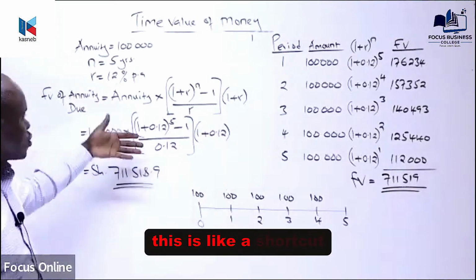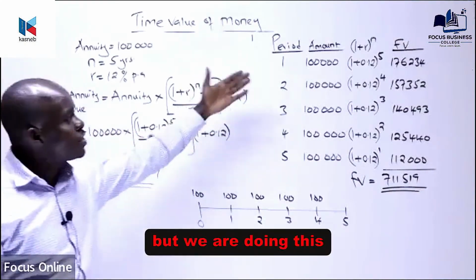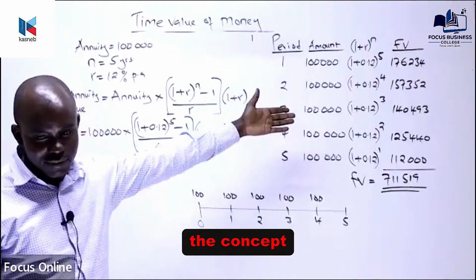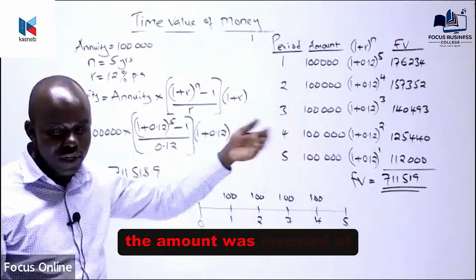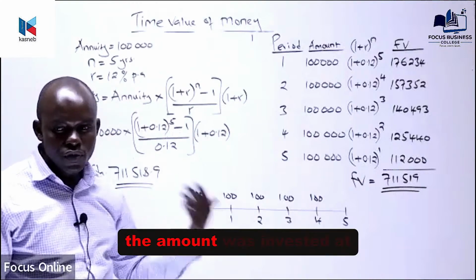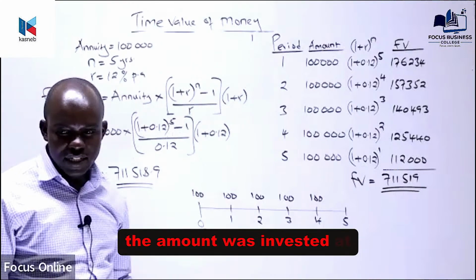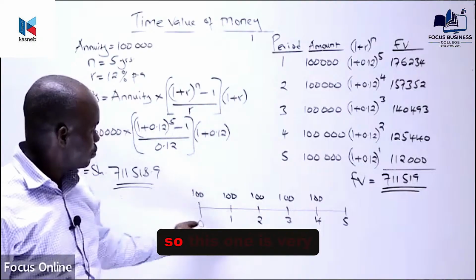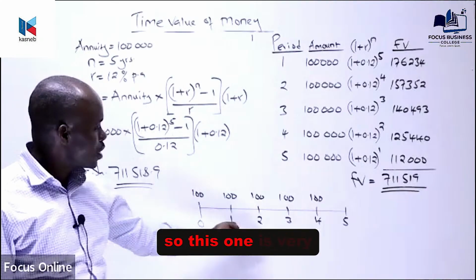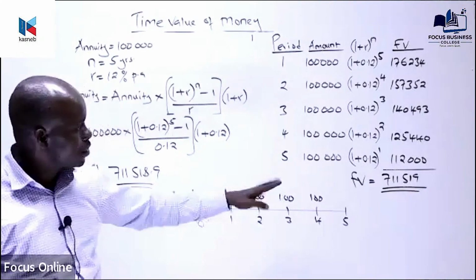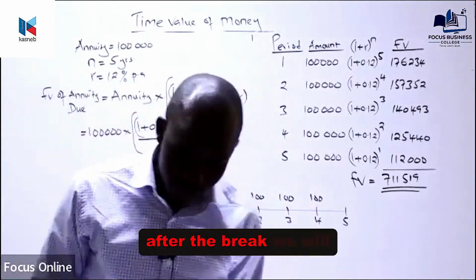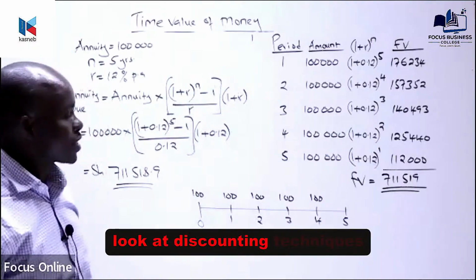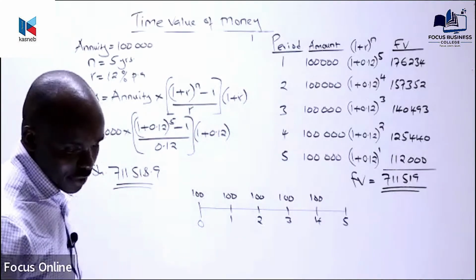This is like a shortcut, but we are doing this method so that you can get the concept, because there are questions that will tell you that the amounts were invested at the beginning, the amounts were invested at the end of the period, this and this was happening. So this one is very important. Kindly get the concept. Then after the break, we will look at discounting techniques.